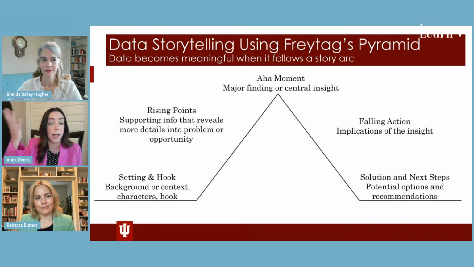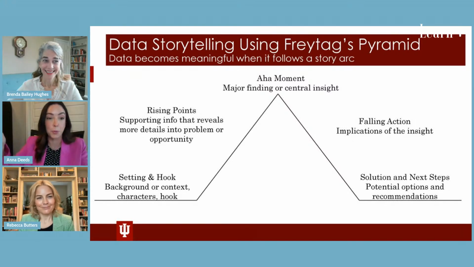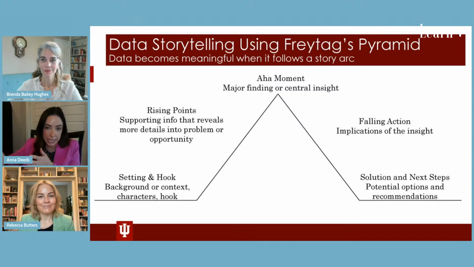You've got that climax or the aha moment. This is what we're going to do. This is our major finding. And then the implications of that insight. And then that's when you could put the solution and next steps. Or again, depending on your audience, you could put that at the beginning and then go in that same order.